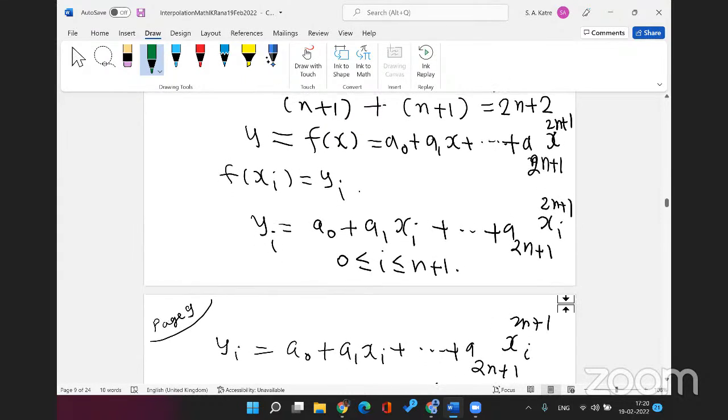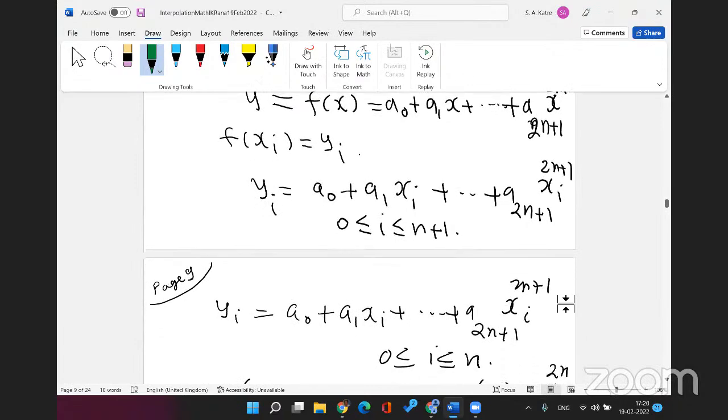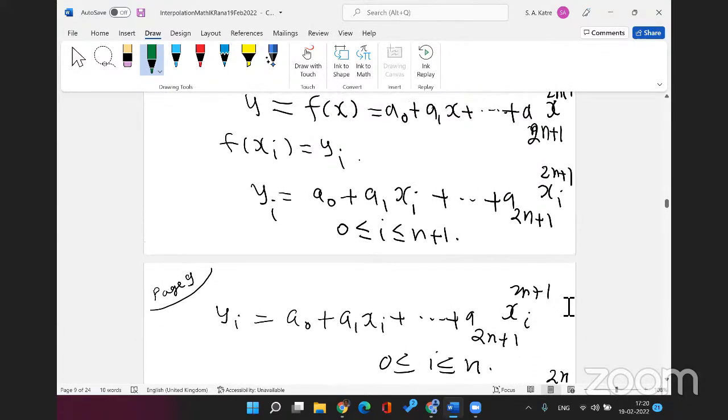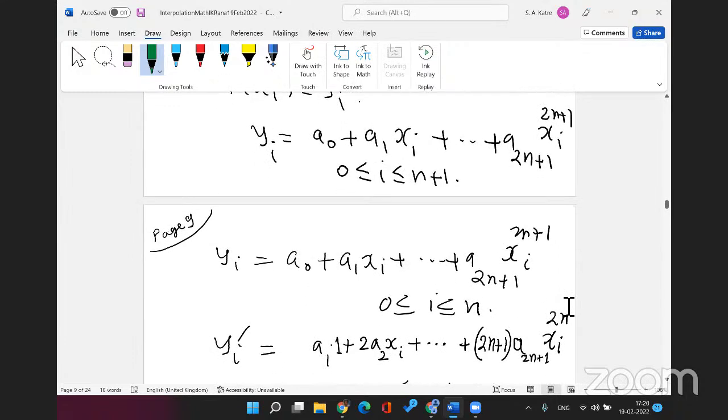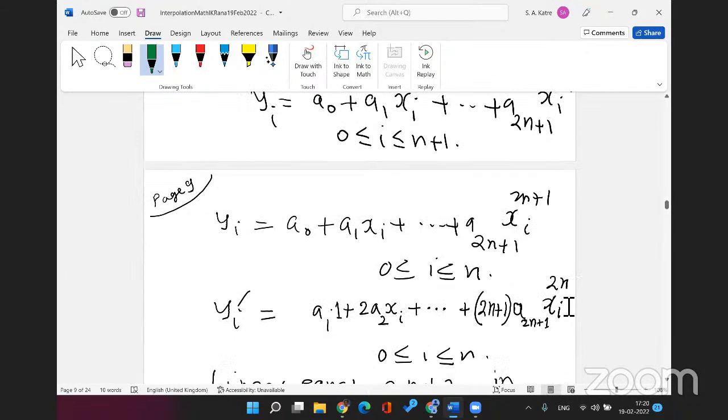Because 2n plus 2 conditions are there, we need 2n plus 2 variables, a0 to a2n plus 1. Now you can have yi equal to a0 plus a1 xi plus etc. plus a(2n plus 1) into xi raised to 2n plus 1.